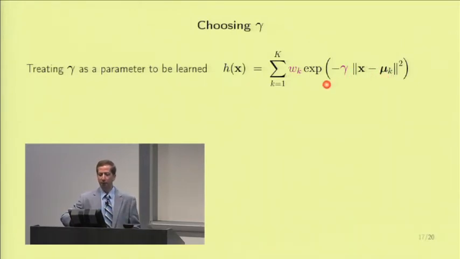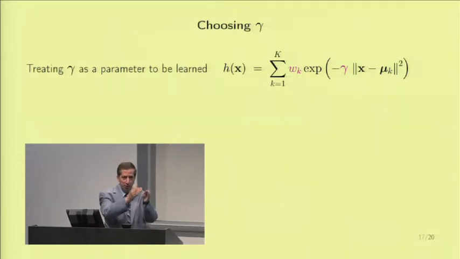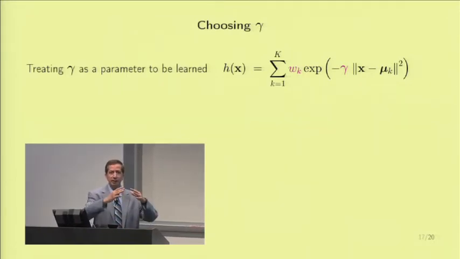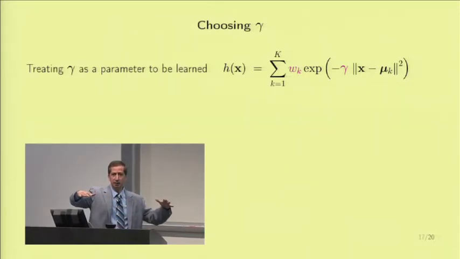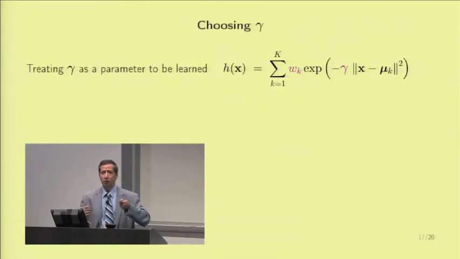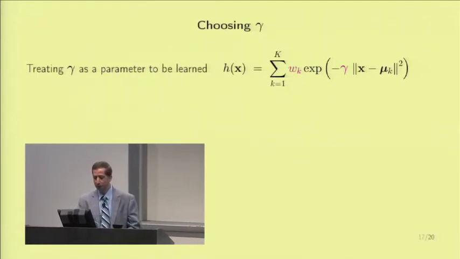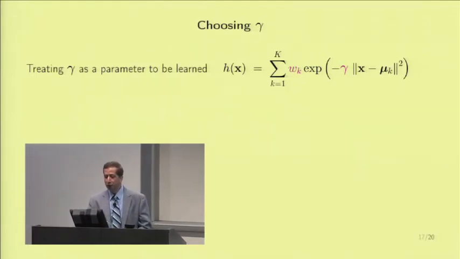Now I have parameters W1 up to WK, and then I have also gamma. And you can see that this is actually pretty important, because as you saw, if we choose it wrong, the interpolation becomes very poor, and it does depend on the spacing in the data set and whatnot. So it might be a good idea to choose gamma in order to also minimize the in-sample error, get performance. So of course, I could do that, and I could do it for W for all I care.